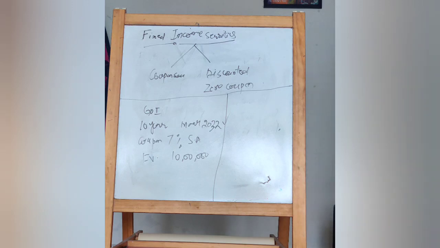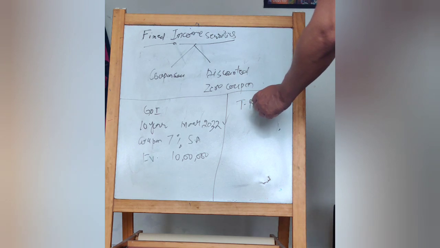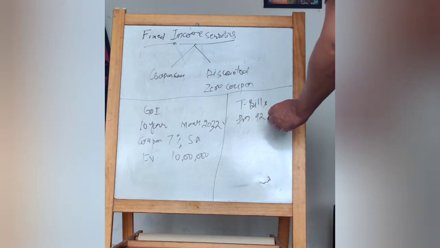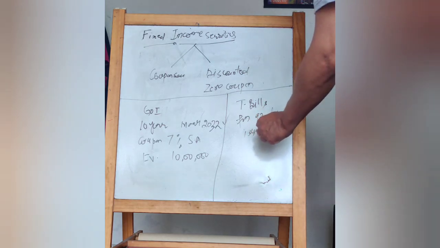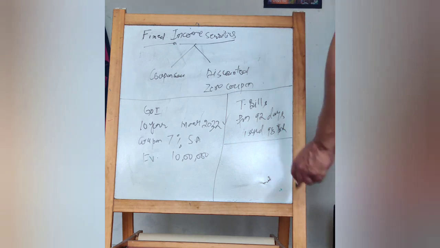Now I will give an example of the zero coupon bond or discounted bond. These are typically money market instruments like CPs, CDs or treasury bills. Let's say one treasury bill has a maturity of 92 days and it is issued at 98 rupees.